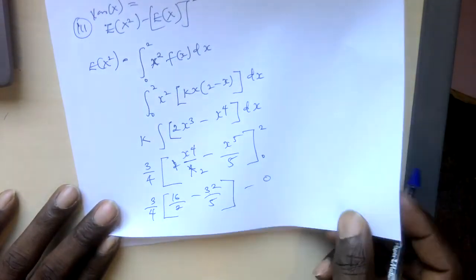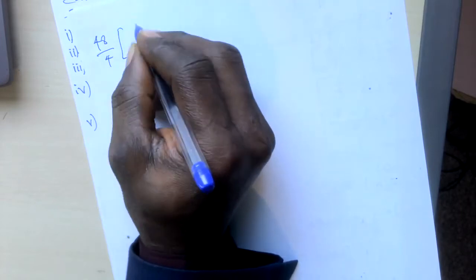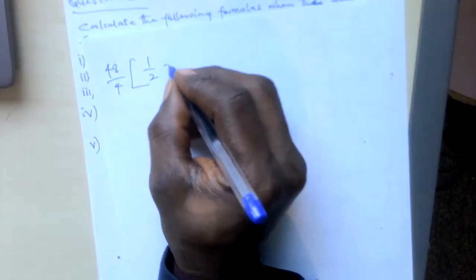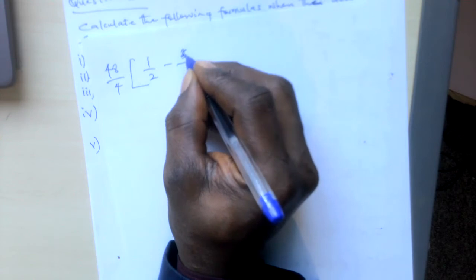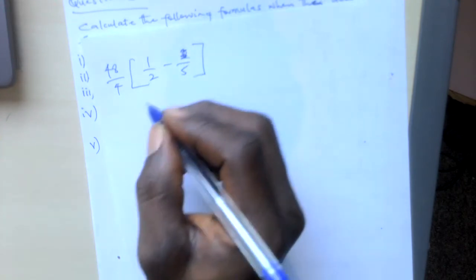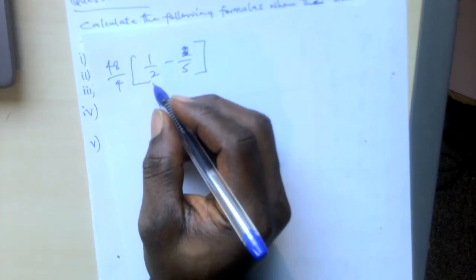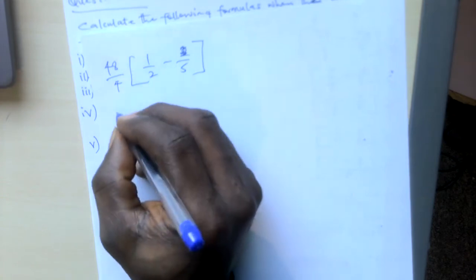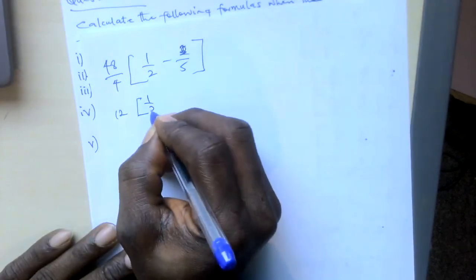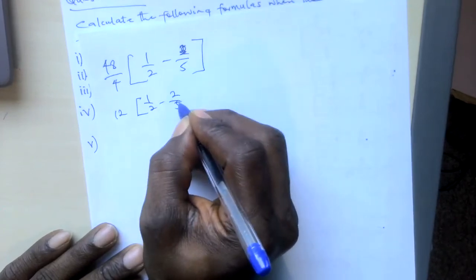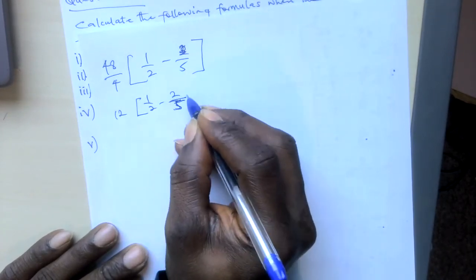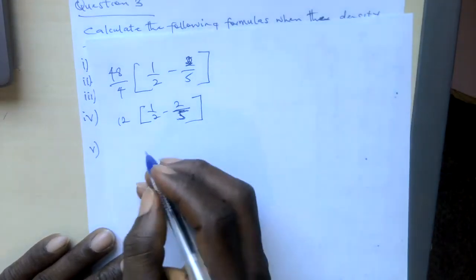So we have 16 times, I think there's 3 here, 48 over 4, 1 over 2 minus 2 over 5. Break this down, you have 12 times 1 over 2 minus 2 over 5, right?